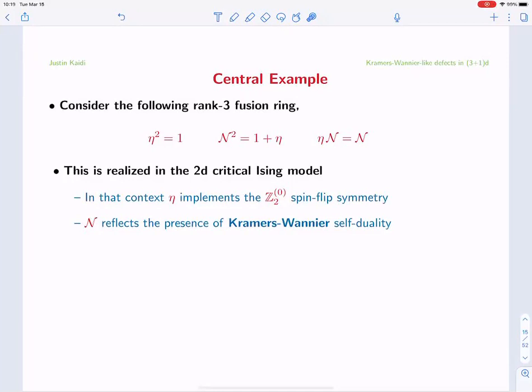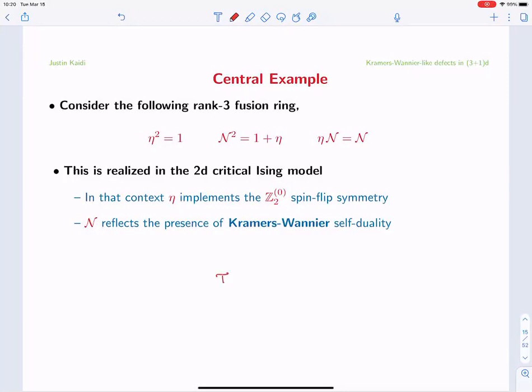Now what about this N here? The N is a non-invertible defect, and its interpretation is a little bit more subtle. It turns out to be closely related to the so-called Kramers-Wannier duality of the Ising model, or self-duality of the critical Ising model. The way that one understands this is as follows. Roughly speaking, let's start with the Ising model.